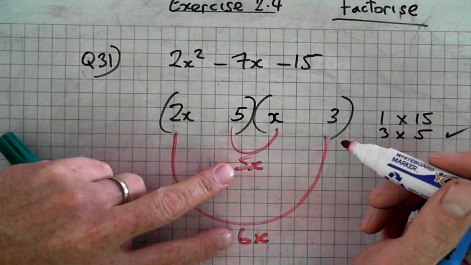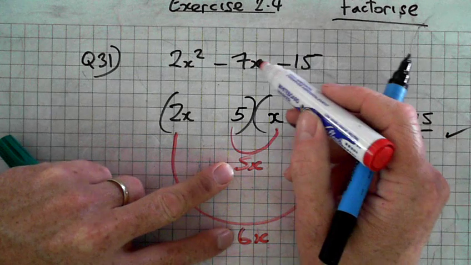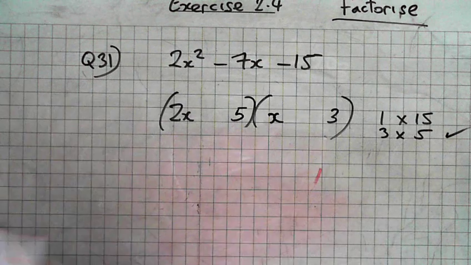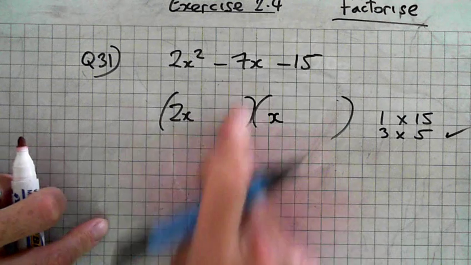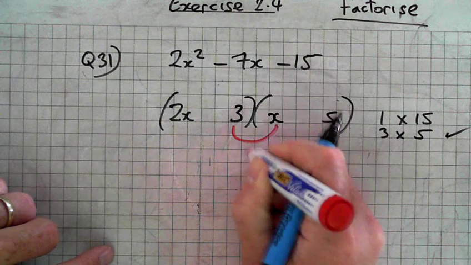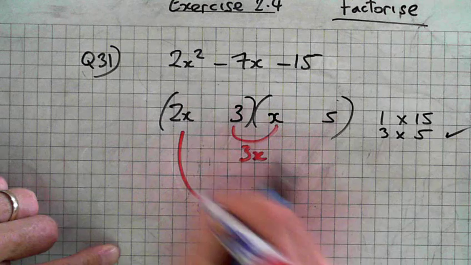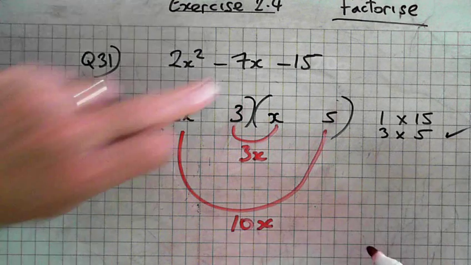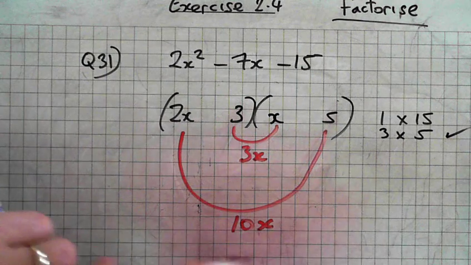No. If I add them, I get 11x. If I subtract them, I get 1x. That doesn't work. Swap the 3 and the 5. 3x, and 2x times 5 is 10x. How am I going to get minus 7?